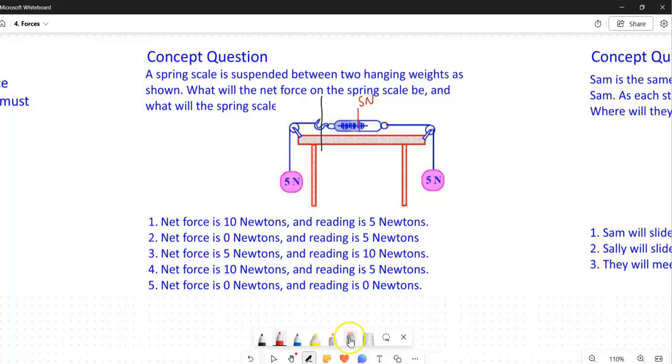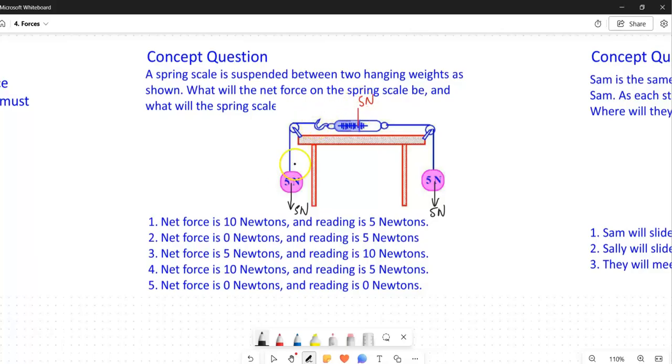Now, there is no difference from a wall holding this side still versus an equal amount of force on this other side. So this is going to be pulling down 5 newtons here, and this is going to be pulling down 5 newtons here. Now, a lot of us will think, oh yeah, well that should be either reading 10 newtons or 0 newtons.